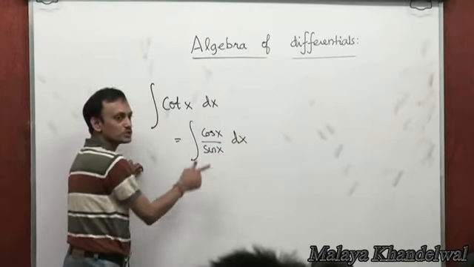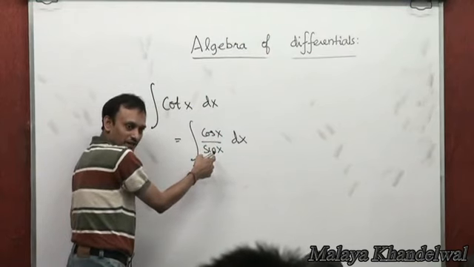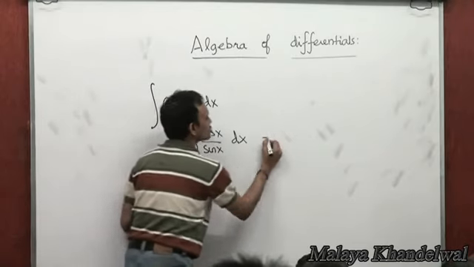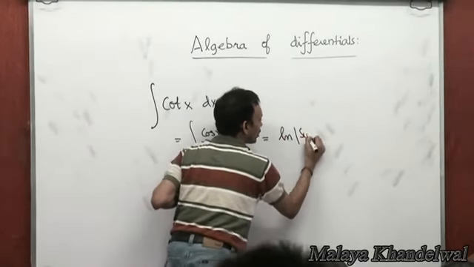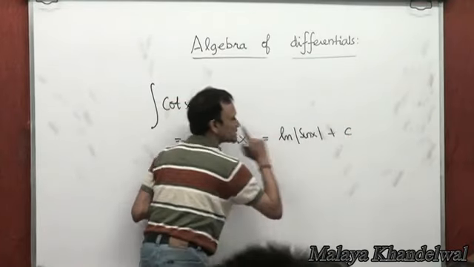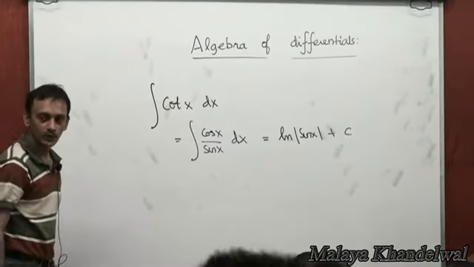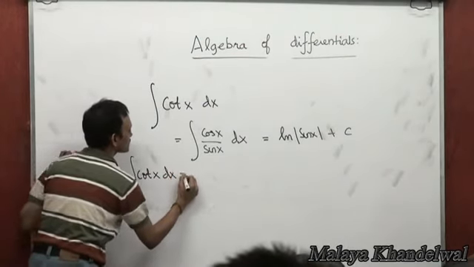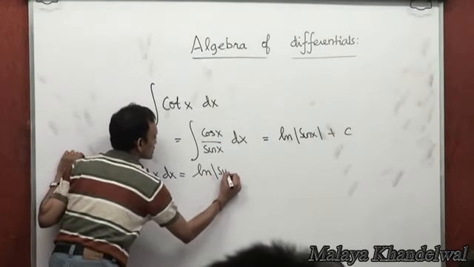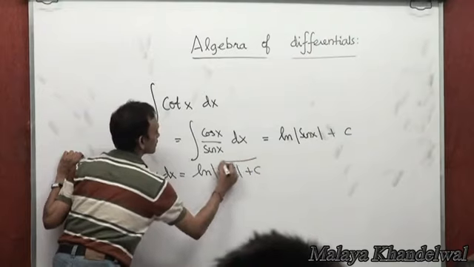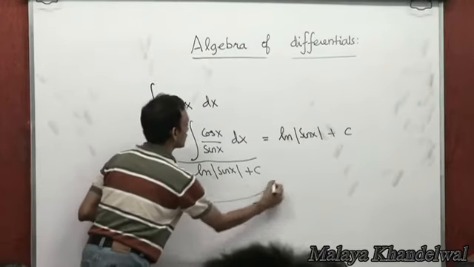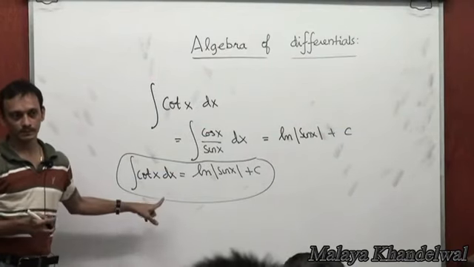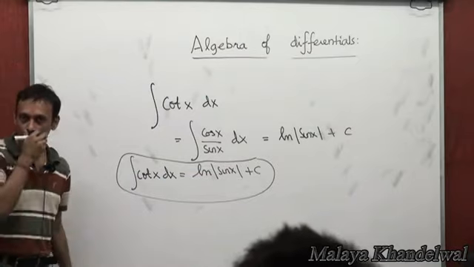This is ready for use because the numerator is the derivative of the denominator. So the integral is log mod denominator plus c. So integral cot x dx is log mod sin x plus c. Integral cot x dx is log mod sin x plus c. That's another standard integral that you want to remember.